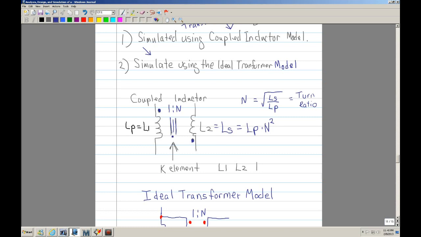And in the K element, you define which inductors will be coupled. And typically the line will look something like this. It'll say L1, which is the primary, and then L2, which is the secondary, and then you have this number here. That's typically referenced as K, or as the coupling coefficient.